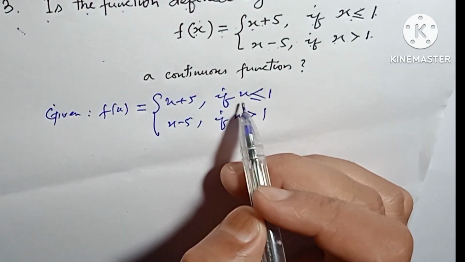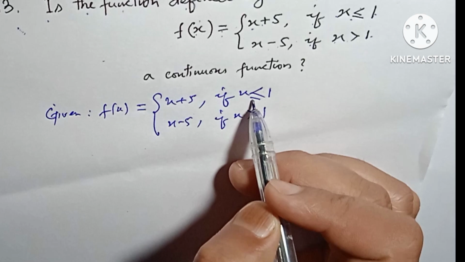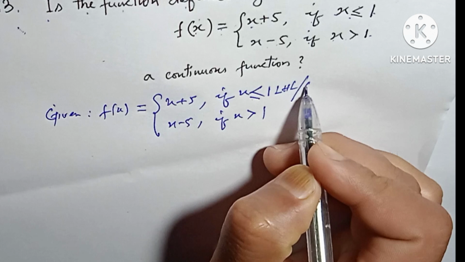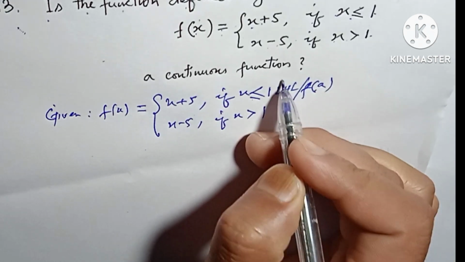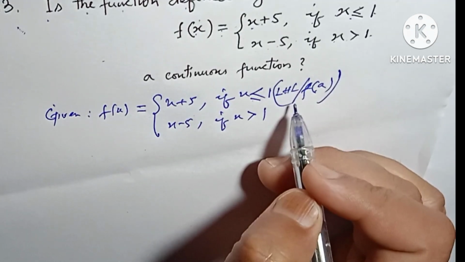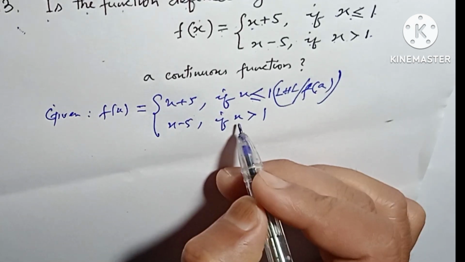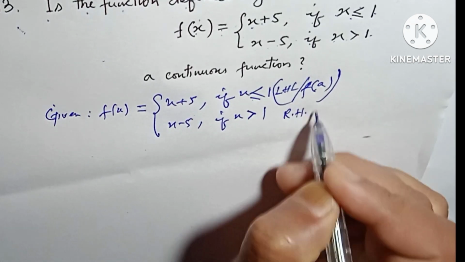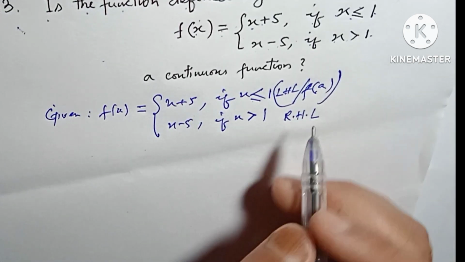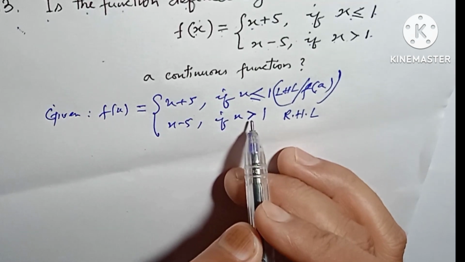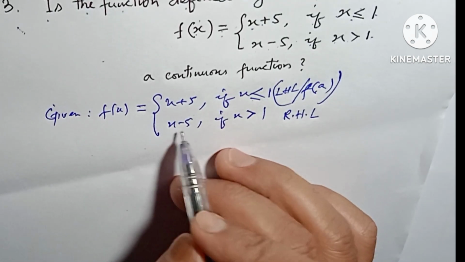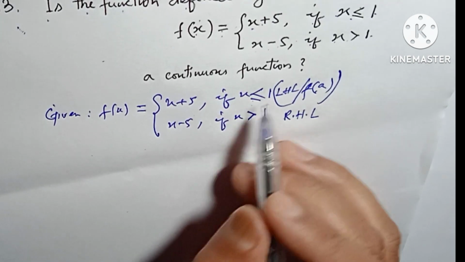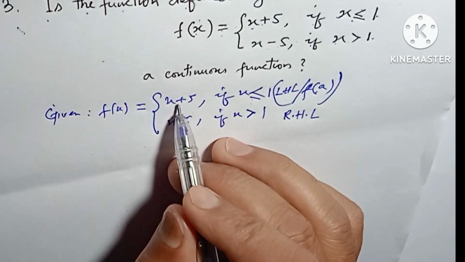Here x less than or equal to 1 means the left hand limit is examined, and for x greater than 1 the right hand limit is considered. That means if x is greater than 1, then f of x is equal to x minus 5, and if x is less than or equal to 1, f of x is equal to x plus 5.